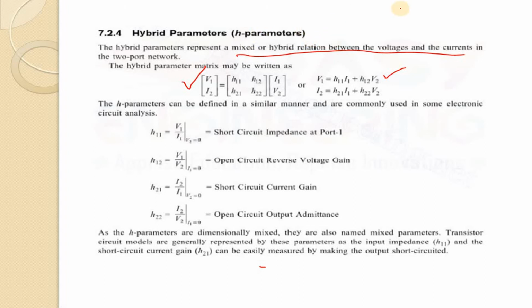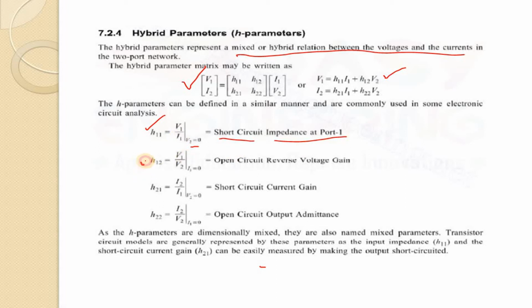H11 equals V1 by I1 when V2 equals 0, and as V2 equals 0, this is short circuit, and the relation is between V and I, so it is impedance, at port 1 because all these V and I are in port 1.